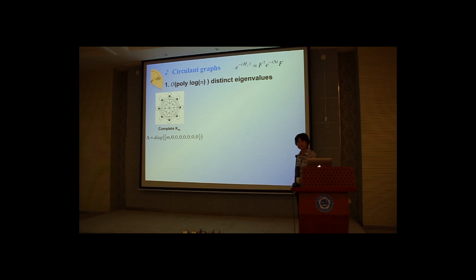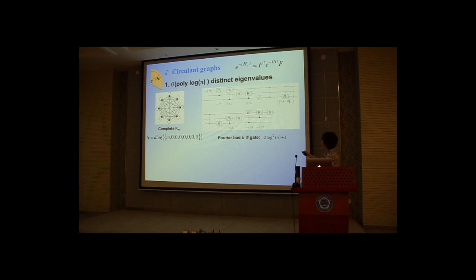I'll give you one of the simplest examples. This is a complete graph of n vertices. Its eigenvalue, it's just 1. Okay, the rest is 0. Therefore, you only need to apply one gate for the middle and then log n for the Fourier. And that's the circuit.